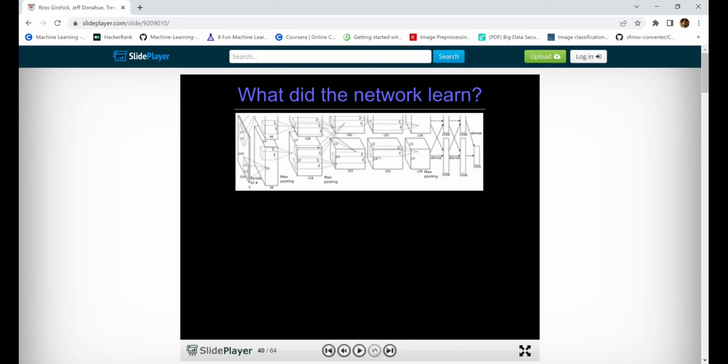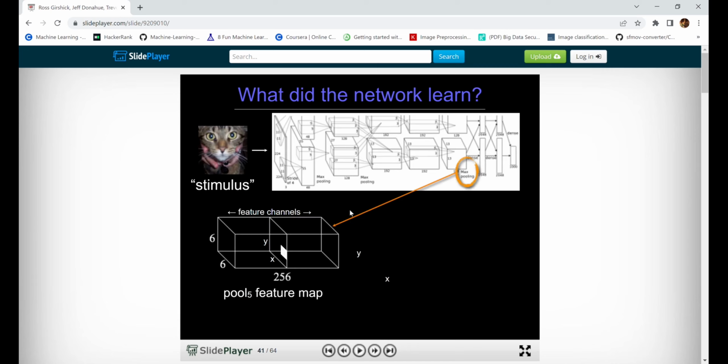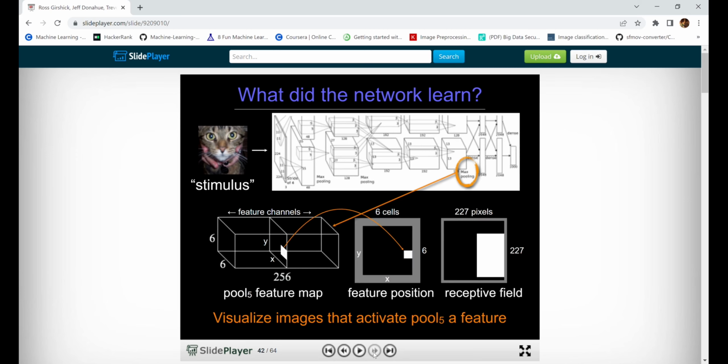So now the next part, we want to see what the network learned. They're going to visualize the fully connected layer and what it sees, because at that time people were very curious about what each layer of the network learned. So for the feature extraction, the position of the receptive field, they visualize the image at the pool5 feature.